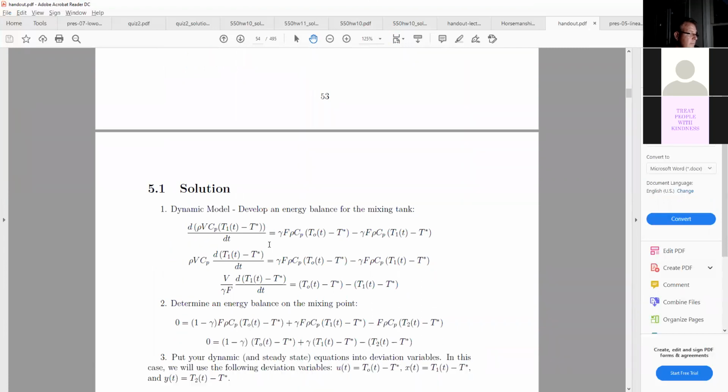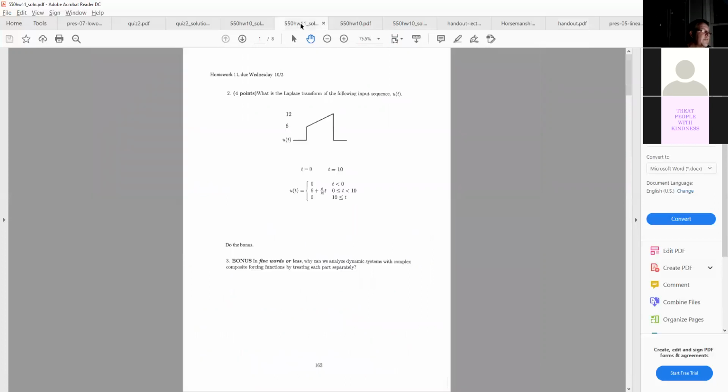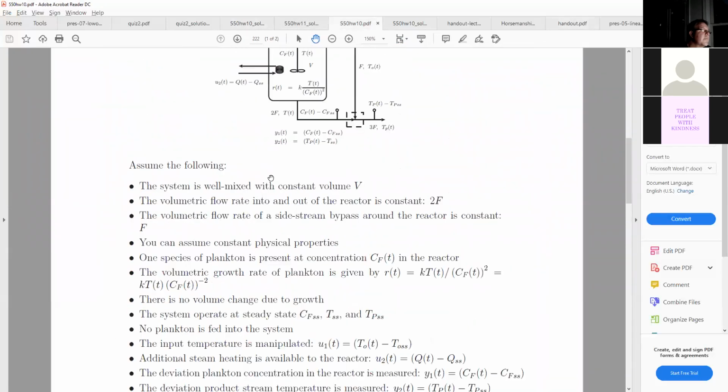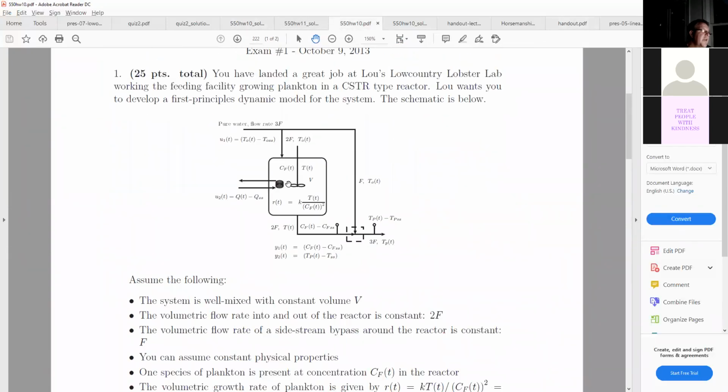So is lead lag going to be on this quiz Friday? Well, we're not going to talk about it. Lead lag is a specific type of differential equation. It's a first order system with a pure gain as a bypass. The stuff that we're looking at is actually more complicated because you have multiple states, you have a bypass, you have multiple outputs.